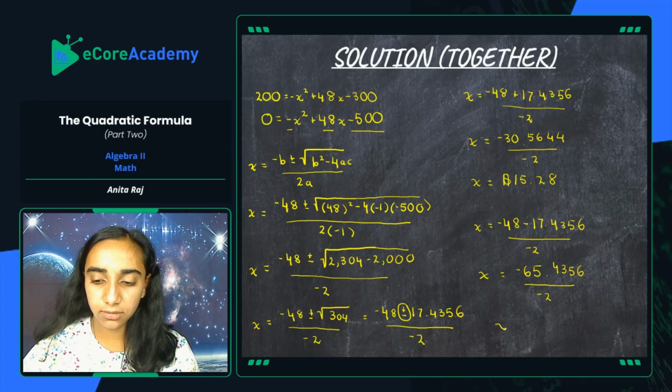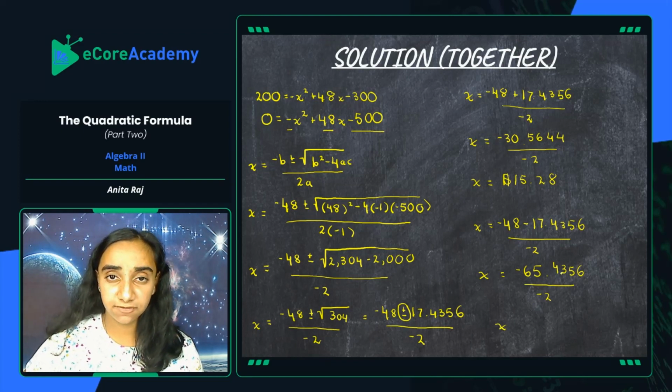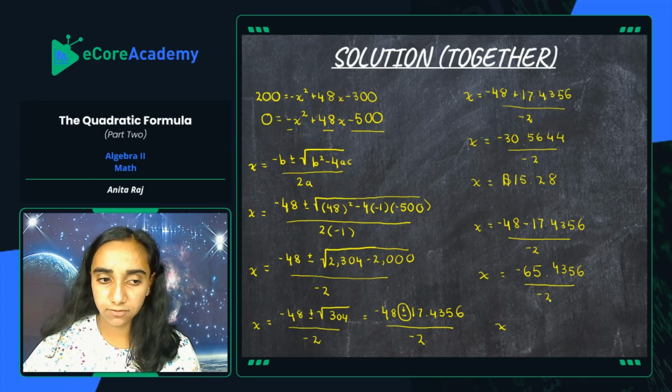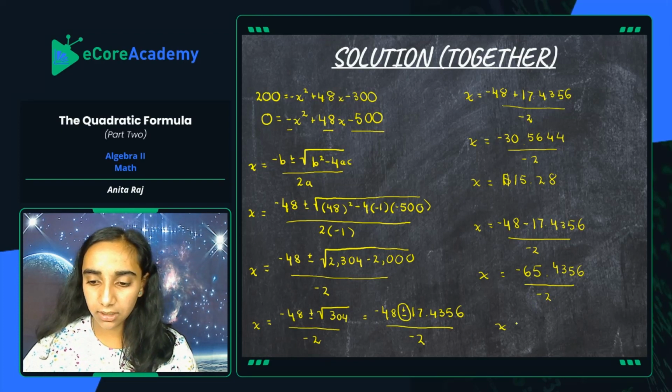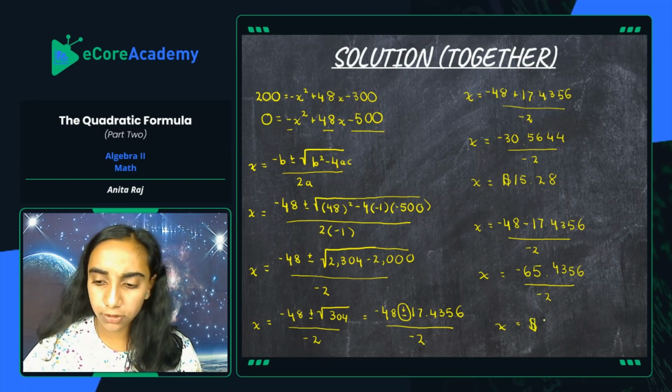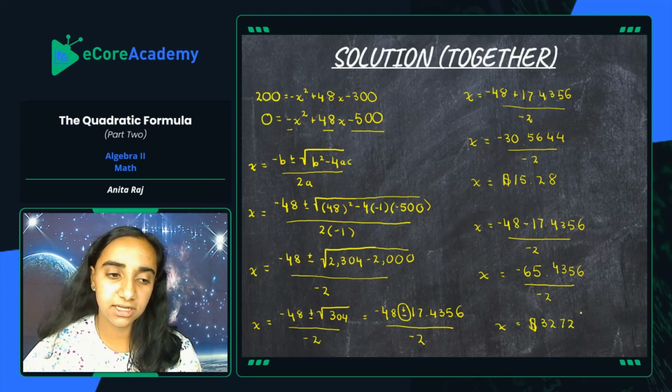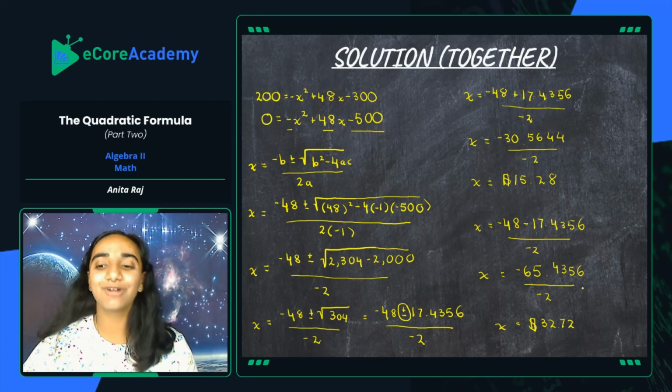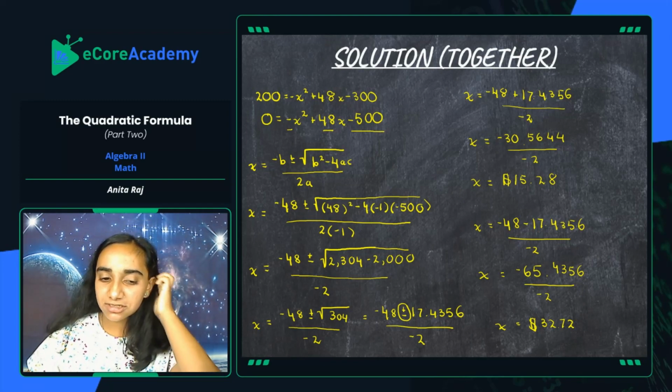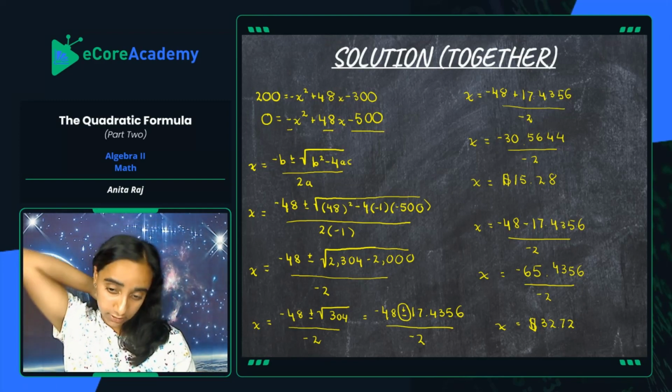And if you divide negative 65.4356 by negative 2, you end up getting, remember we have to include the dollar sign, $32.72. So as you can see, these are the two answers that you are going to get if you did this correctly.